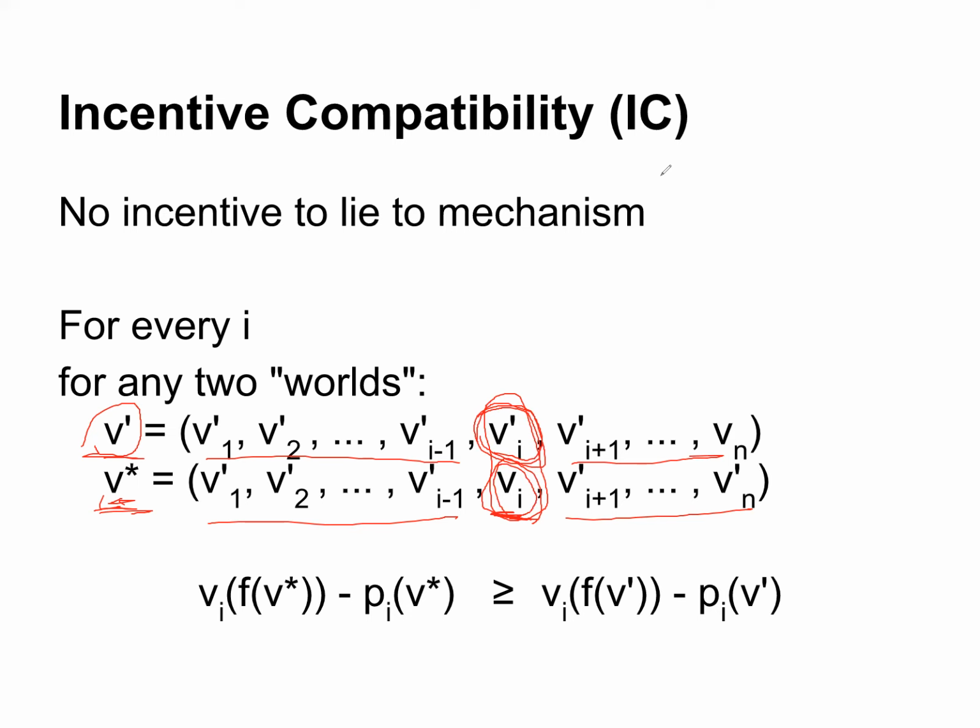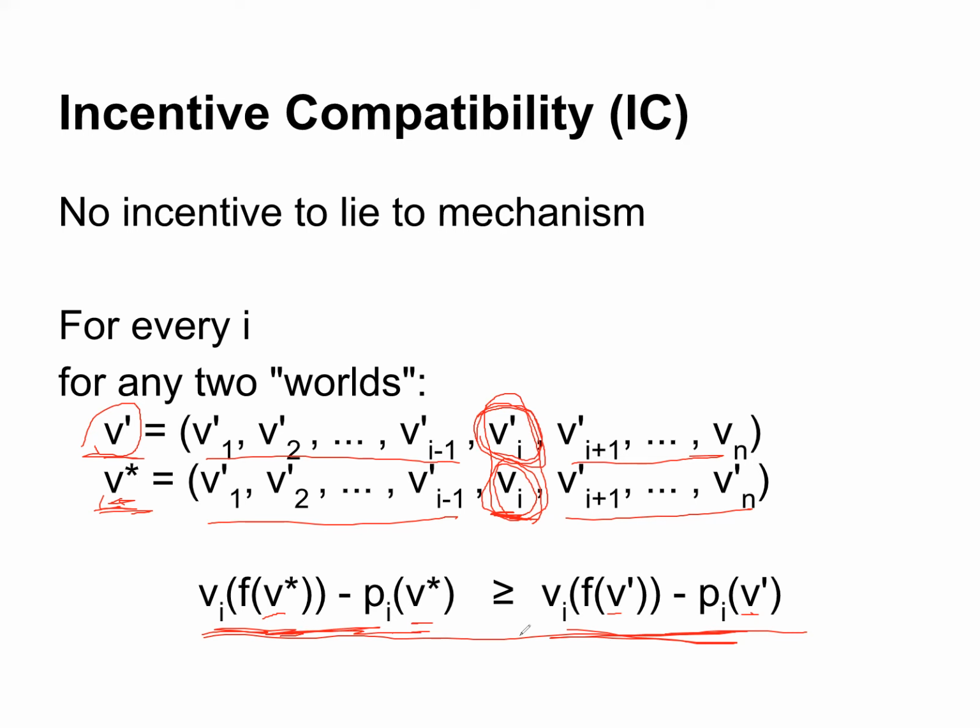And incentive compatibility of the mechanism in the formal notation means this: the utility that the user gets in this world, where the user submits his true preferences, is at least as large as the utility of the user in this other world where the user lied. Again, the formula is simple, and if you know all this notation, then it makes sense, but more or less it says there is no need to lie.